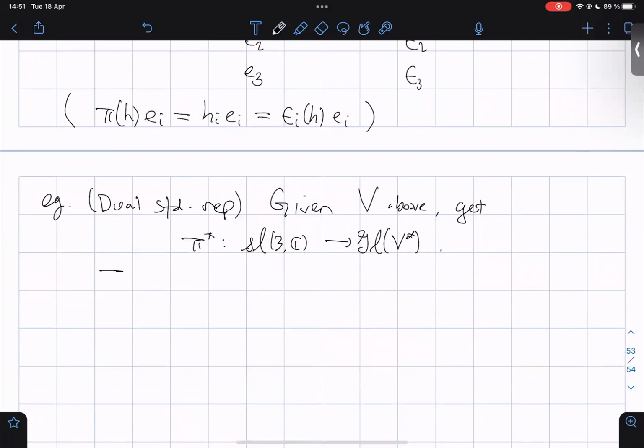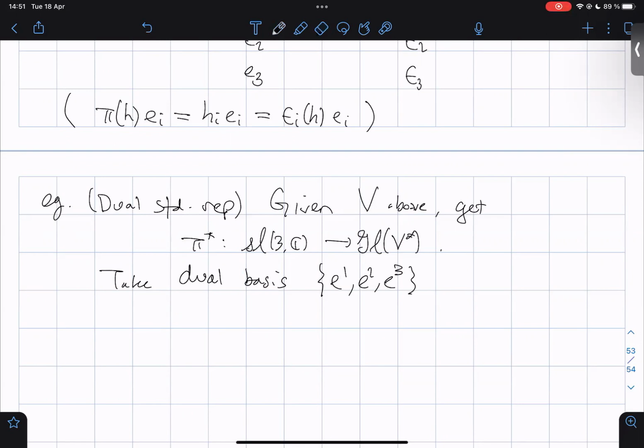Okay. So take the dual basis to that, E^1, E^2, E^3. So this with superscript indices, E^i paired with E_j, is going to be a Kronecker delta, delta_ij.